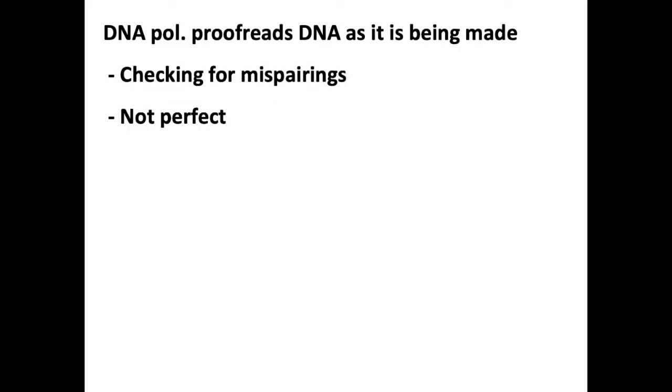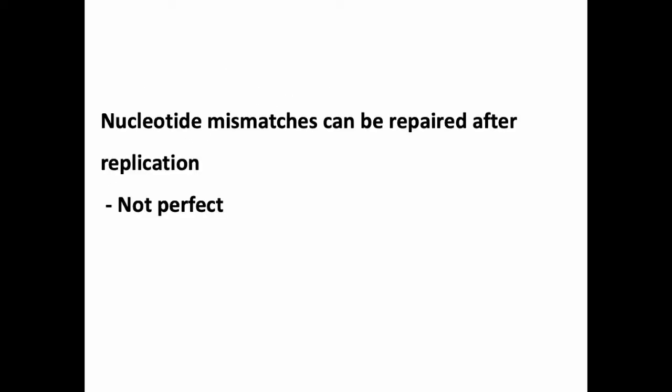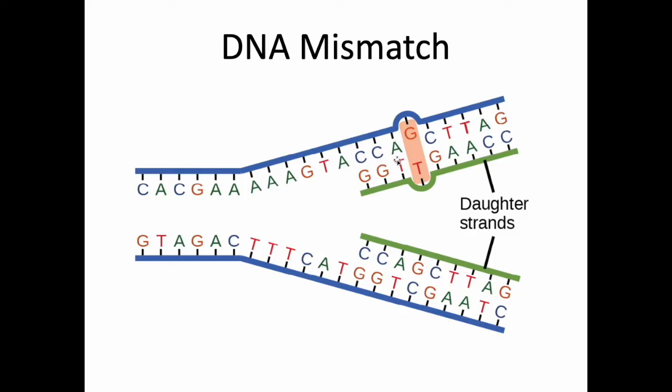So, to summarize, DNA polymerase 1 or 3, any of these, they proofread DNA as it is being made. They are checking for mispairings, but they are not perfect. So we could try to fix these mispairings after replication, but even that is not perfect. Sometimes we get mispairings or mismatches in the final product.